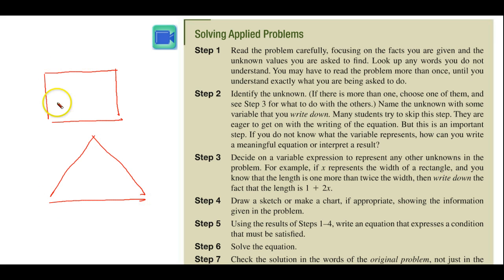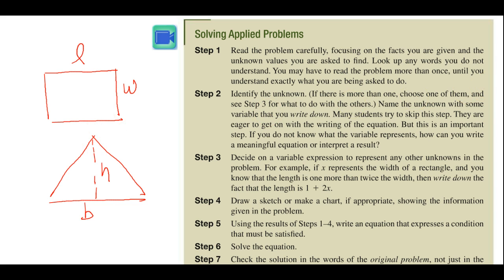Now, chances are the sizes may not be proportional to what they're asking, but at least you have a place to put measurements. This would be a length, and this would be a width. And in a triangle, this is the height, and this line here is the base. So you have a visual of what you're working with.